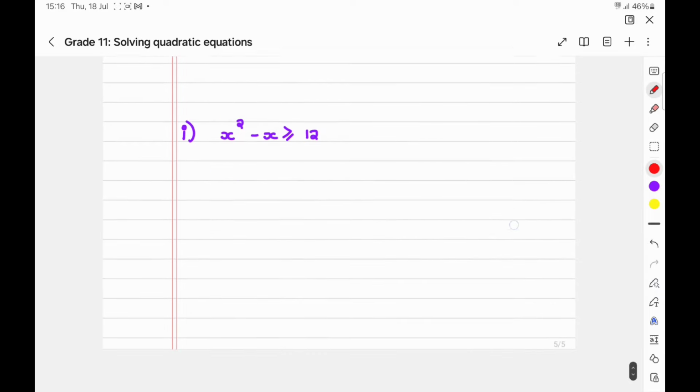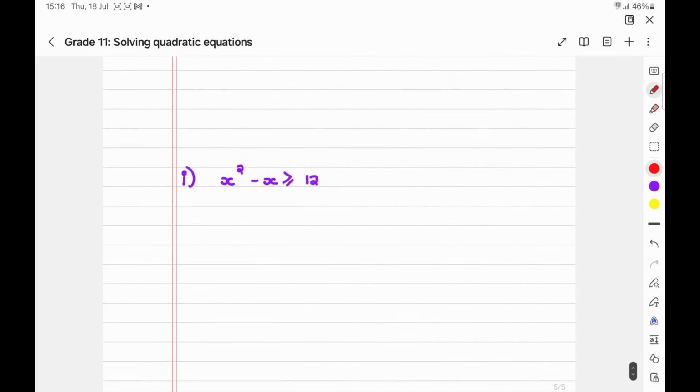Okay, let's do another one where x squared minus x is bigger than 12. So first we want to equal it to 0. So x squared minus x minus 12 is bigger than or equal to 0. We can factorize that. So the x times the x, the signs are different. The first one's a minus, and 4 times 3.